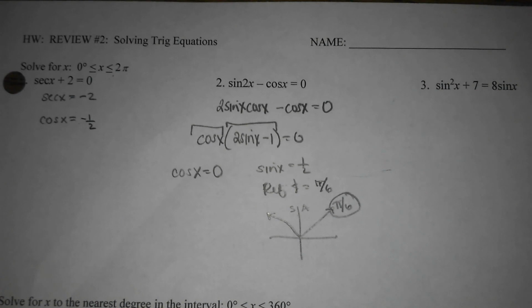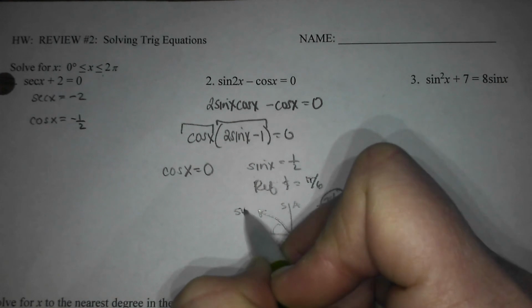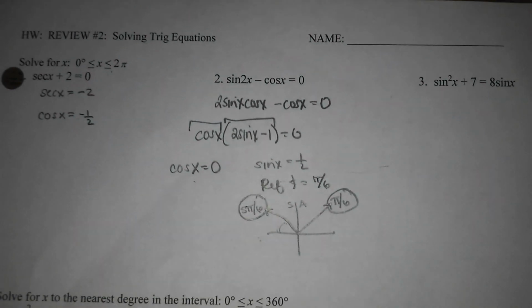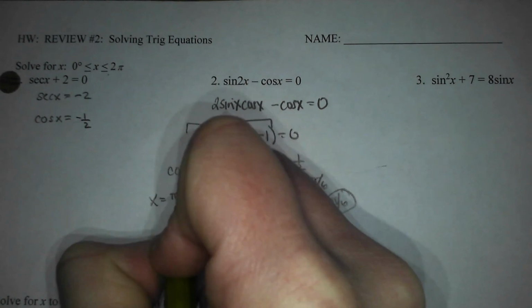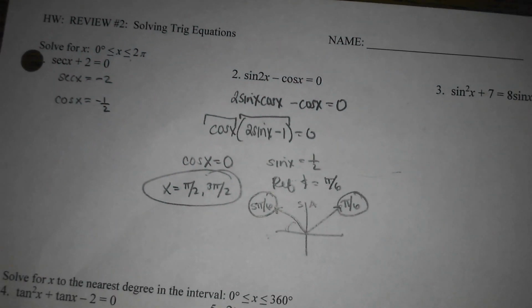What'd you say, Maya? 5 pi over 6. Because it has to be 1 pi over 6 prior to 6 pi over 6. 6 pi over 6 backed up 1 pi over 6 is 5 pi over 6. And then this one I'm really going to do based on where the x coordinate is 0 on my unit circle. Pi over 2 and 3 pi over 2. So you do have 4 answers there.